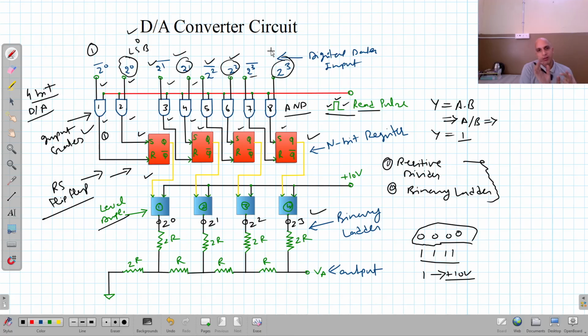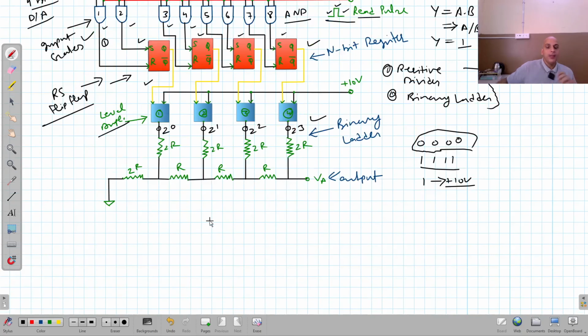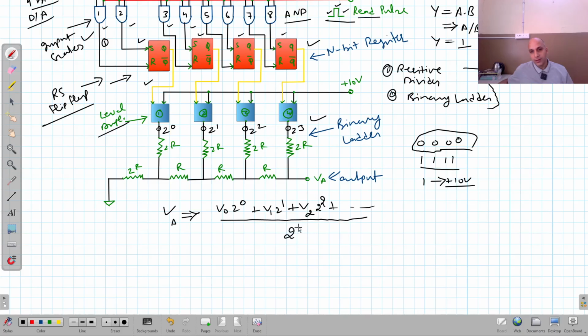So we require 4 digital inputs, right? 8 AND gates, 4 RS simple flip-flops, 4 level amplifiers and a 4-bit ladder network. Then whatever input we apply, we will get an analog output voltage according to it, and the formula is B0 times 2 raised to power 0 plus B1 times 2 raised to power 1 plus B2 times 2 raised to power 2 plus so on, divided by 2 raised to power n, right?